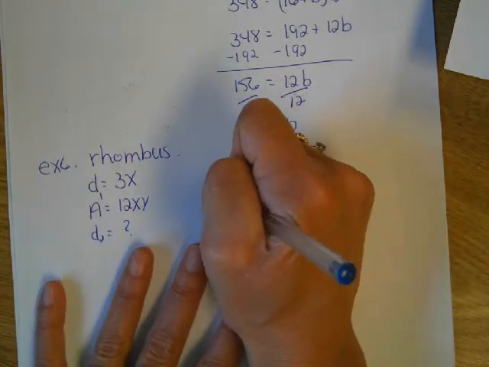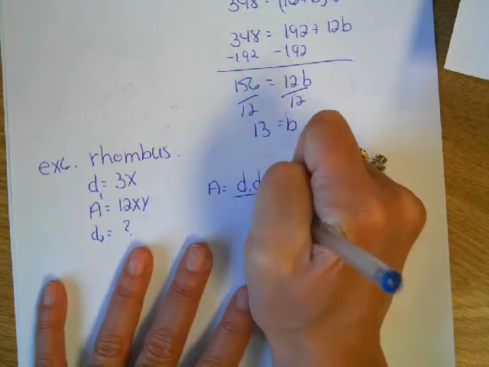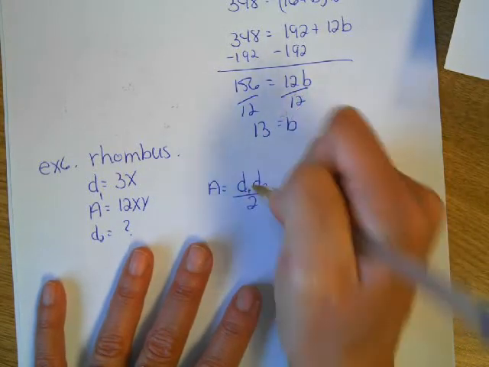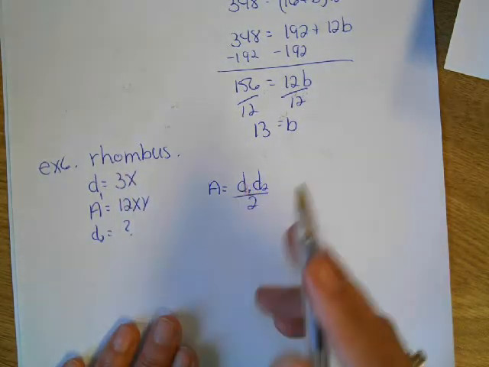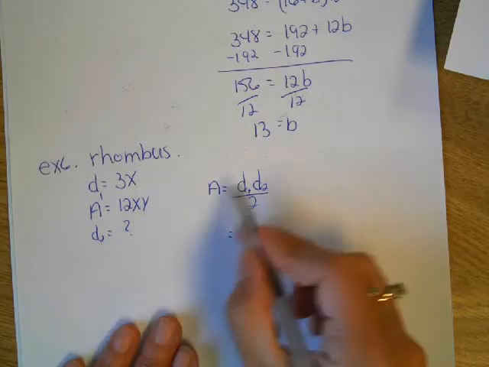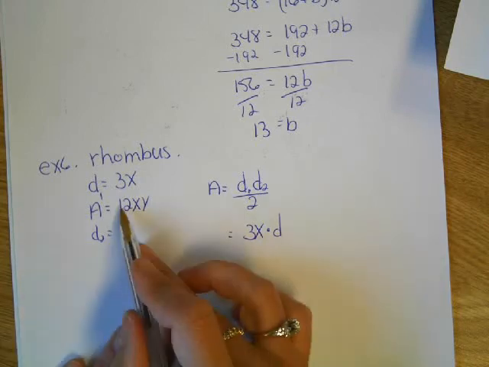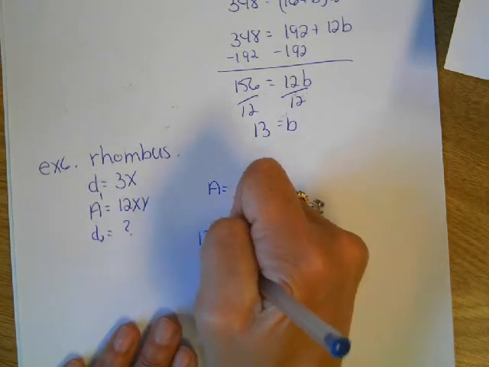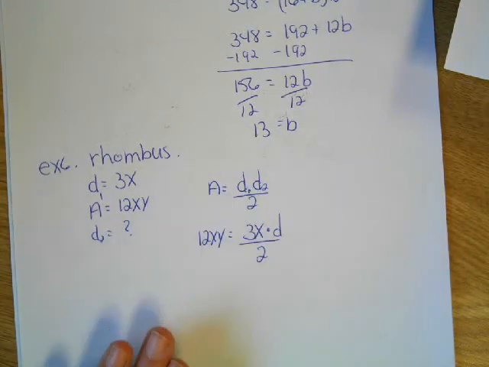So, formula first. D1 times D2, divide by 2. Now substitution. In place of D1, I can put in a 3x. I can't substitute for D2, I'm just going to keep it as d. And then in place of area, I can put 12xy. And then that divide by 2 is still there.